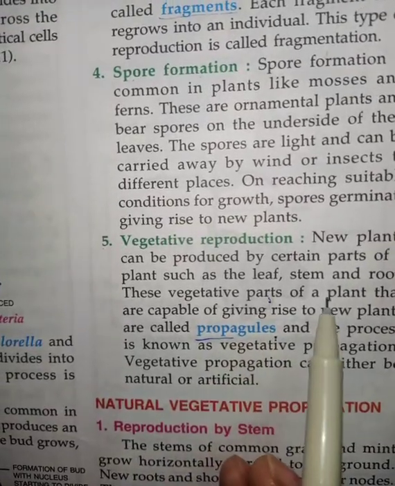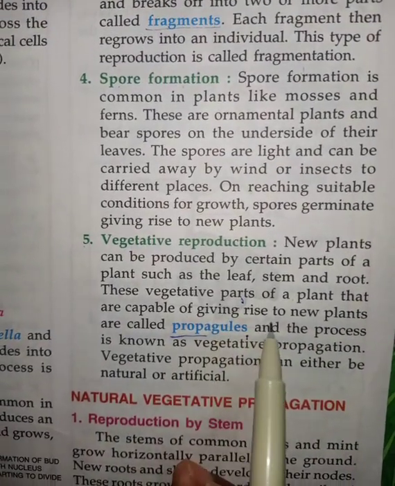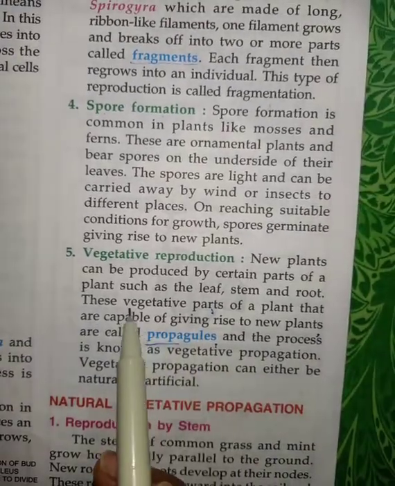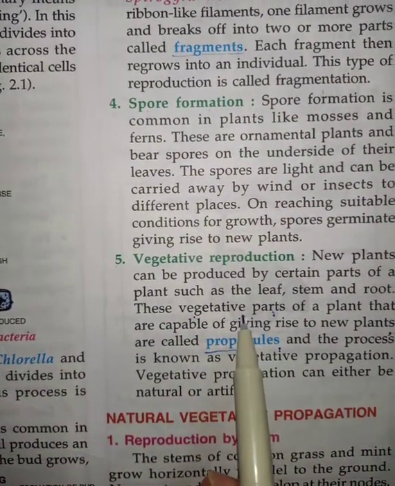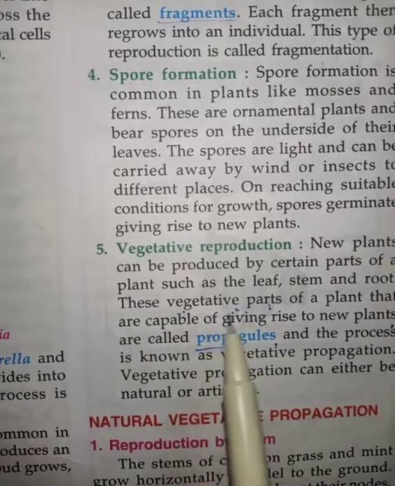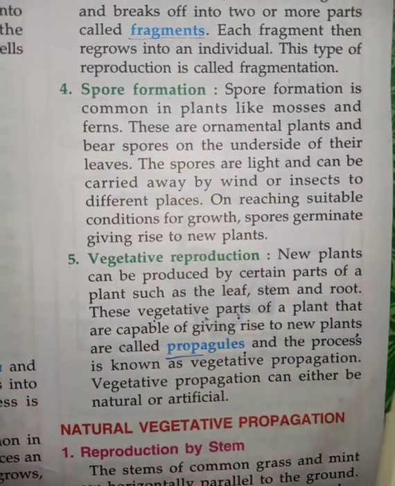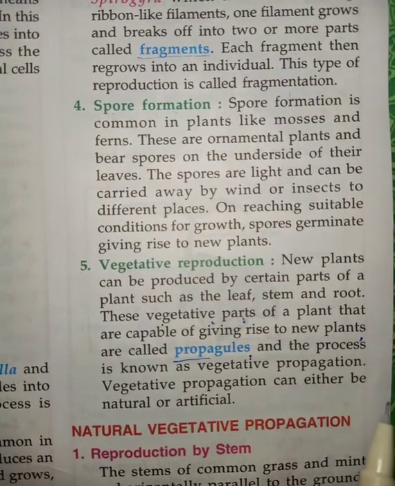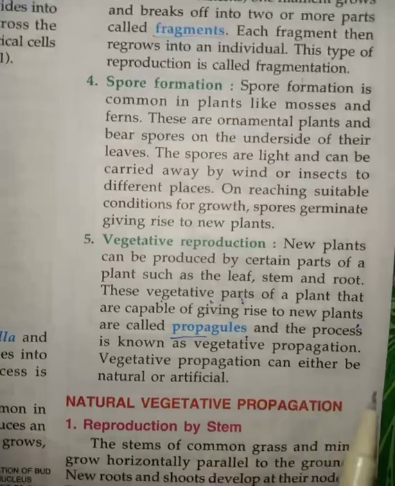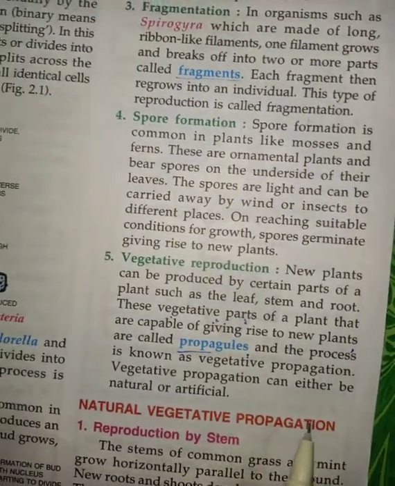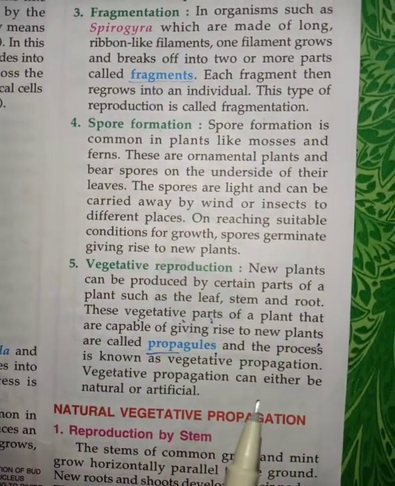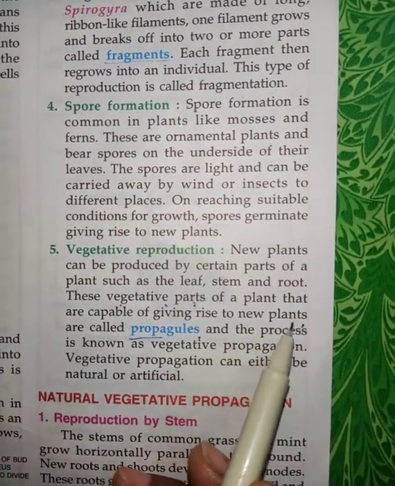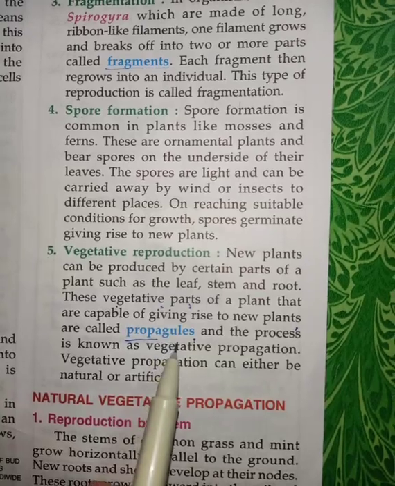The vegetative parts of the plant which are capable of giving rise to a new plant. Vegetative means those that are able to produce a new plant, like leaf, stem, root, fruit, seed. They all are the vegetative parts of the plant. So these vegetative parts which are able to give rise to a new plant are called propagules.